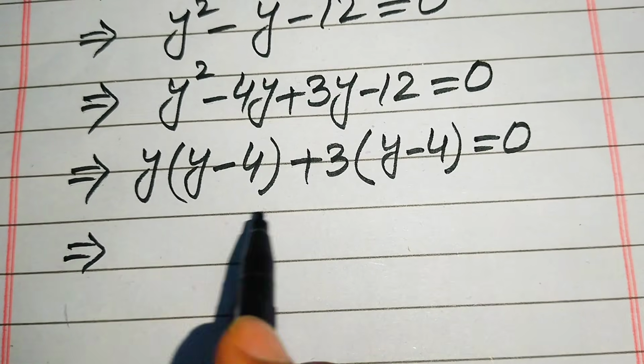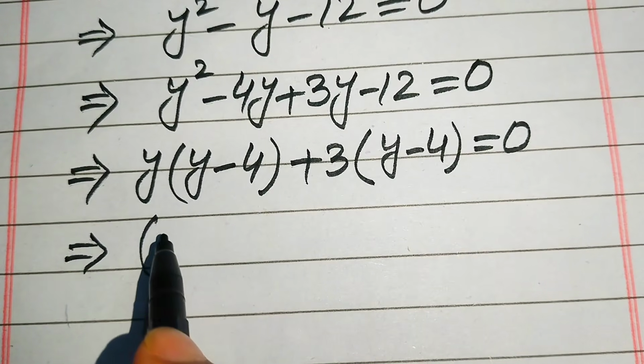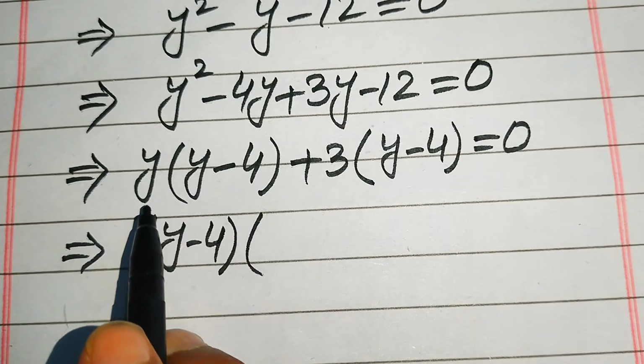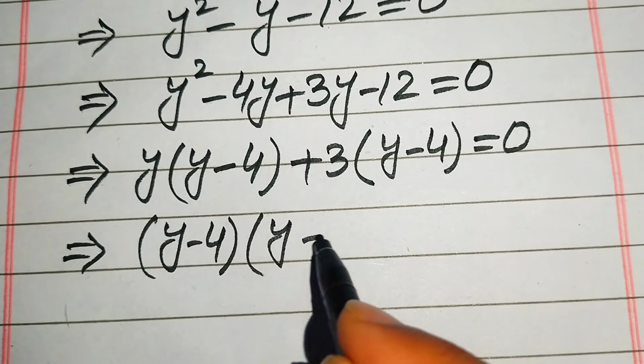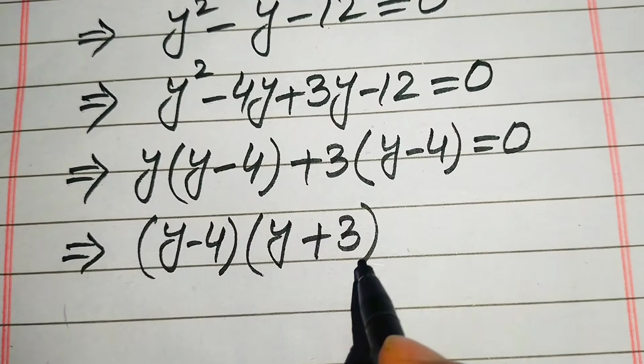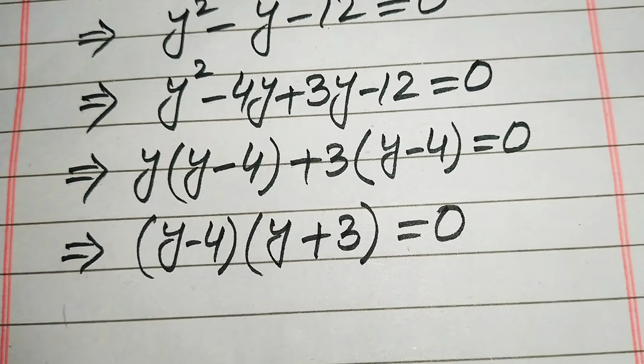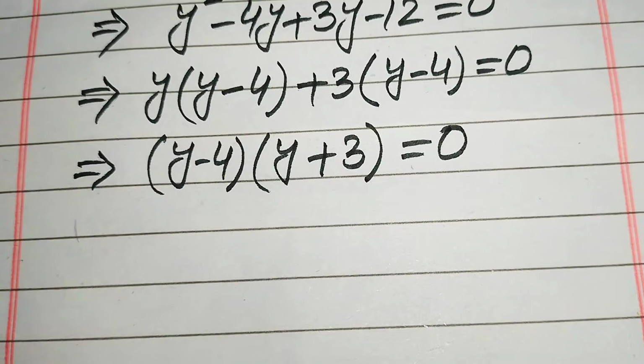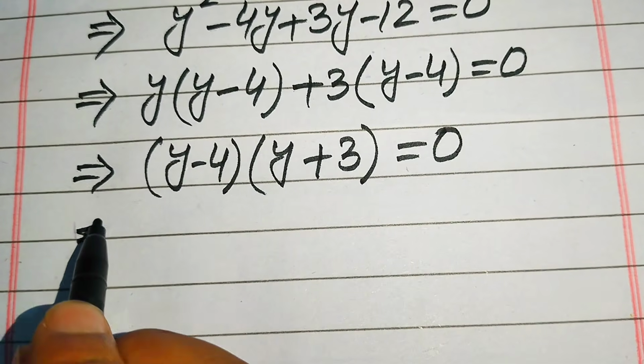Further, you see that y minus 4 is the common factor, so we take common y minus 4 from here, and we get the remaining values: from here y, plus from here 3, and this whole equation is equal to 0. So now we divide this equation into two cases.